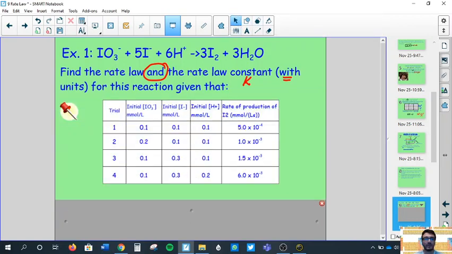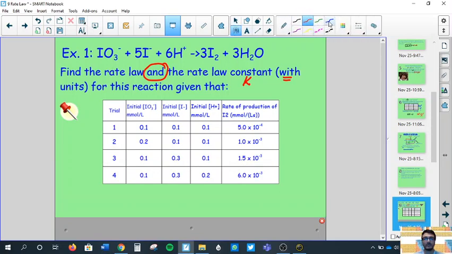So rate law. All right, I'm going to reveal this, but let's just go over what rate law means. Okay, so it will be rate is equal to a constant K that will have units that we have to figure out. Now in this case, all of our reactants are going to be part of that rate law. So IO3 negative will have a certain exponent. We'll call that M, trying to follow the convention here.